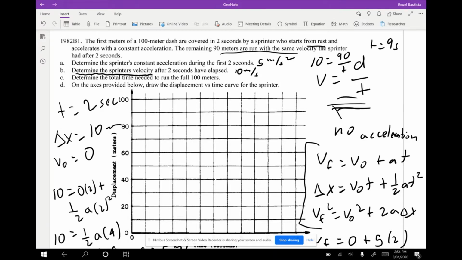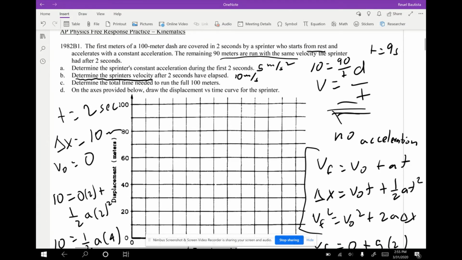Yeah, if you plug in 0, that works too. So we know the time is going to be 9 seconds. So overall, how long does it take for this runner to run 100 meters? 11 seconds.